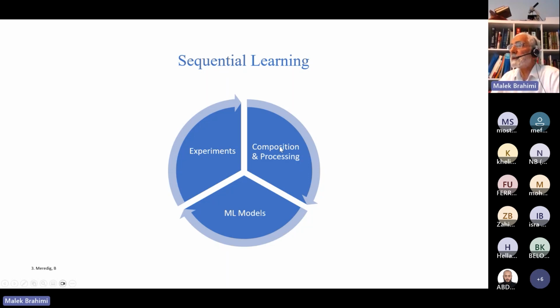So we start with a certain composition and processing, and then you give it to a machine learning model. It will do the calculation, do all the optimization, and propose some items, fewer items than you entered.